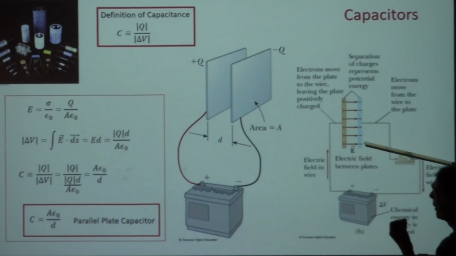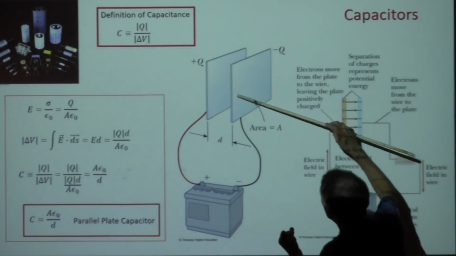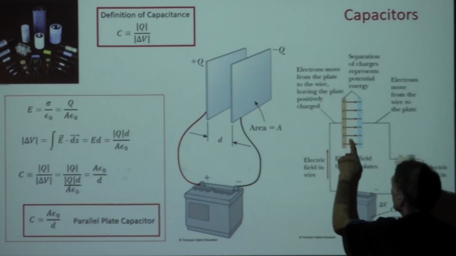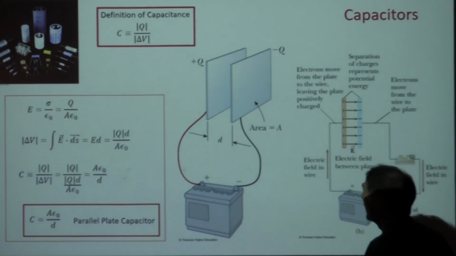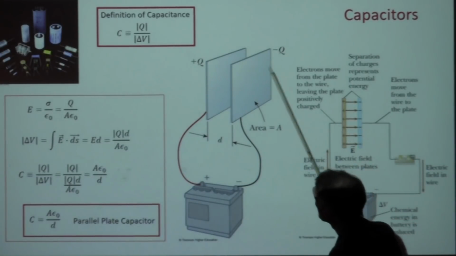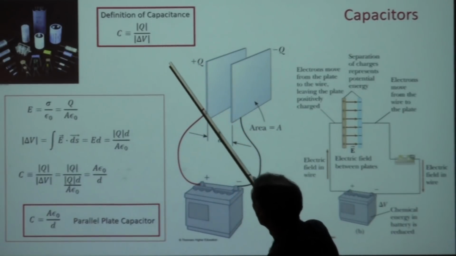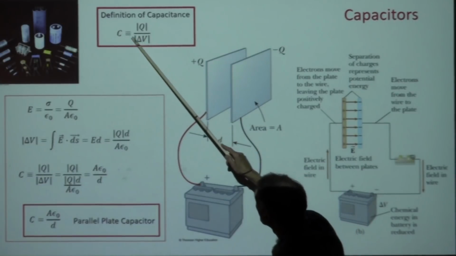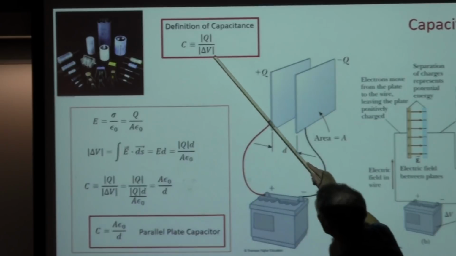We're going to build up charge on these things, and we've got these plates and the plus and the minus. We're going to set up an electric field that's going to be on the inside of this thing. And the idea that we put a certain amount of charge on there forms the definition of our capacitance. How much charge do I put on versus what is the electric potential? Now you're going to see that I've got absolute values.